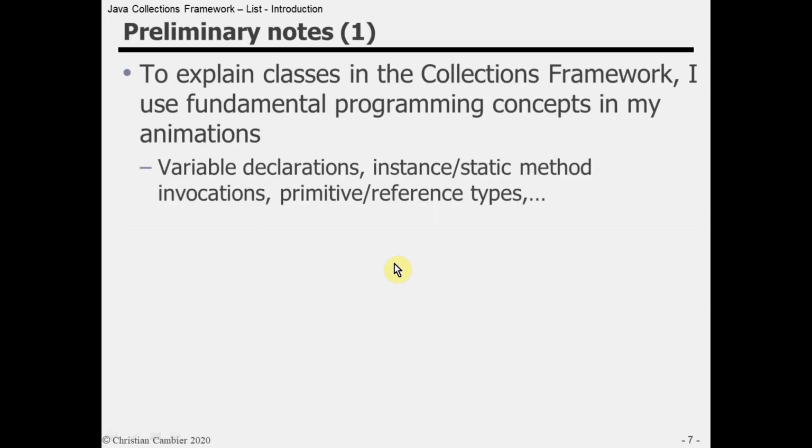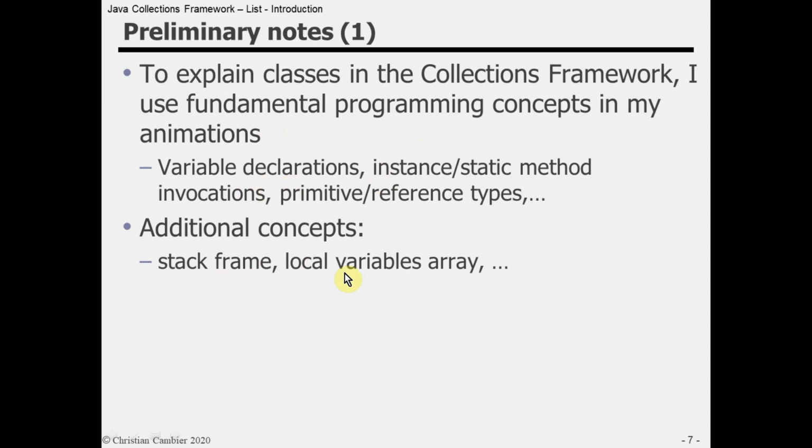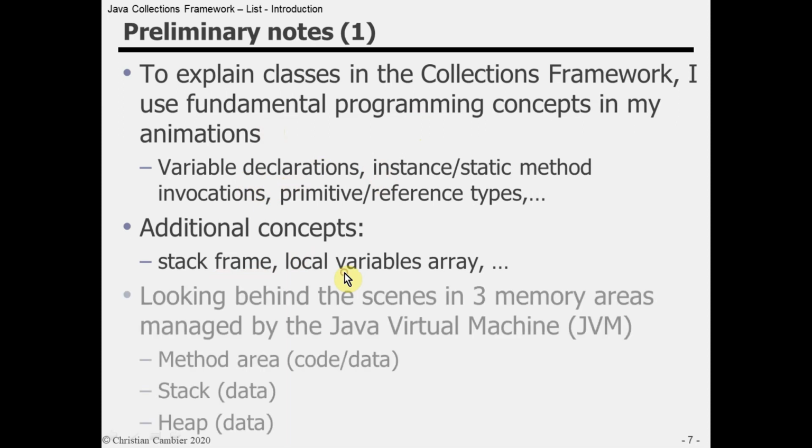Preliminary notes. Now, in order to explain the behaviors of ArrayList and linked list in my animations, I constantly apply fundamental programming concepts, such as variable declarations, method invocations, the use of primitive and reference types, stack frame, local variables, array. And I do this by looking behind the scenes in 3 memory areas managed by the Java virtual machine.